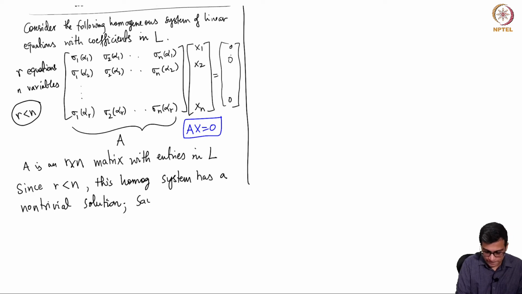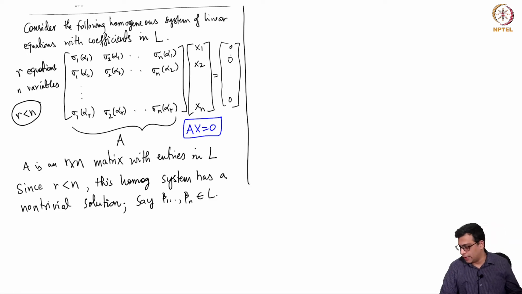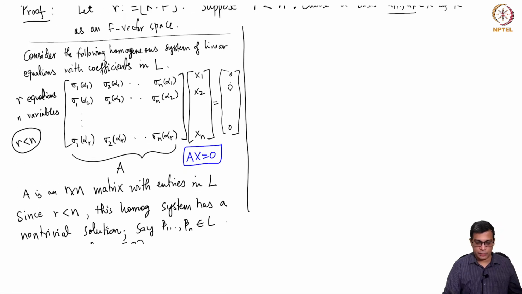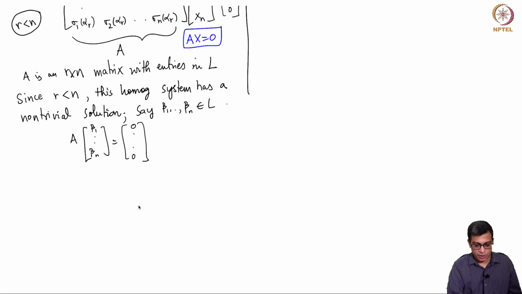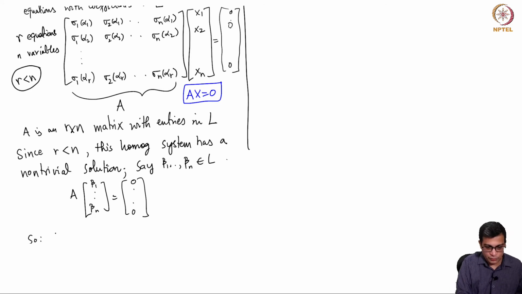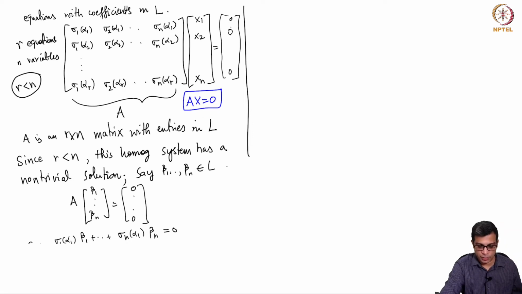Okay, say beta 1 through beta n, this is a system of solutions in L, right? So what we have is A times (beta 1, ..., beta n) equal to 0. So I am not going to write all these equations, but you can read this now. Maybe the first equation will be sigma 1 alpha 1 times beta 1 plus up to sigma n alpha 1 times beta n equal to 0, right? That is, just replace x1 by beta 1, x2 by beta 2, xn by beta n.